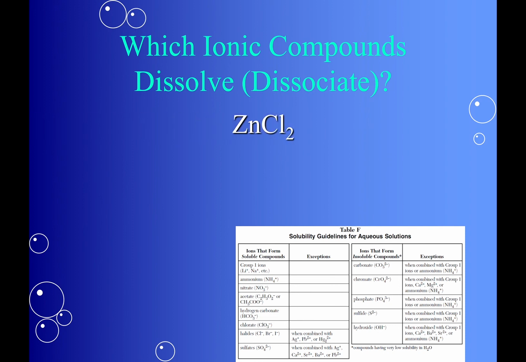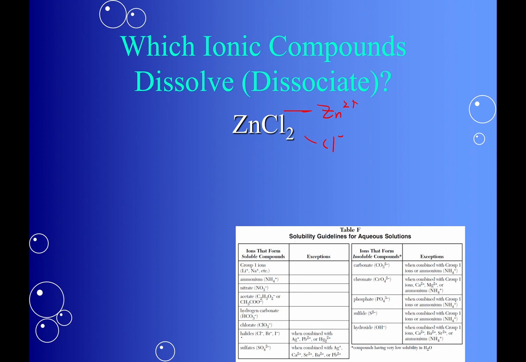Another example, again, try and name, pause the video, and see if you can determine if this is soluble or insoluble. This is zinc chloride. So we try and find on here, we have a zinc 2 plus, and we have a chlorine minus 1. We'd like to try and find both on there.